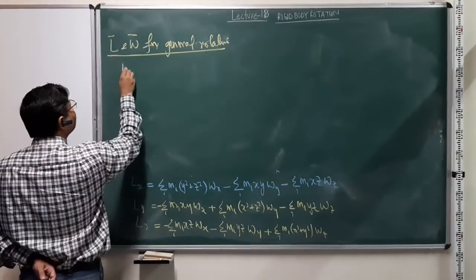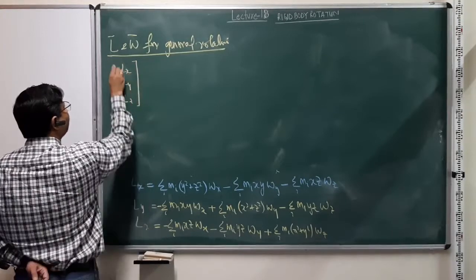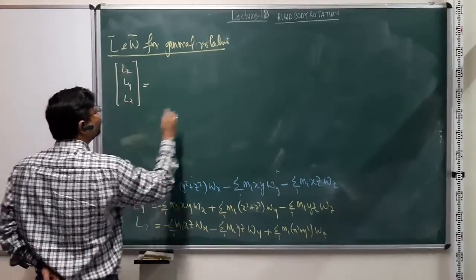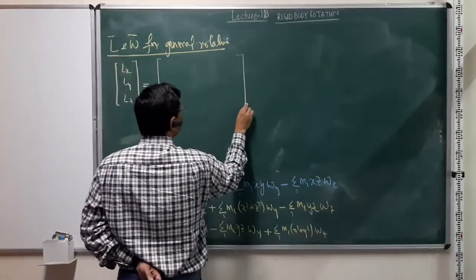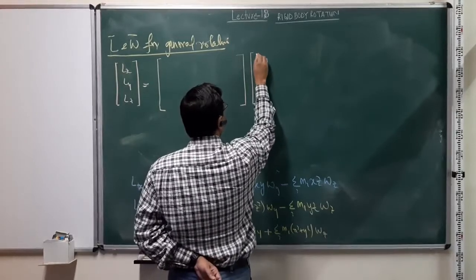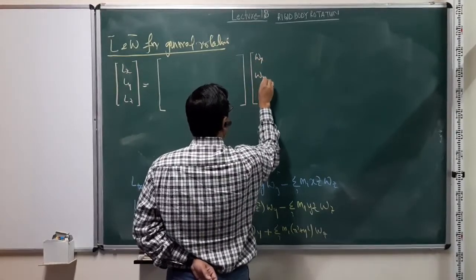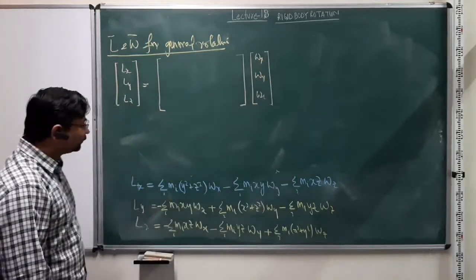And now I can write down L_x, L_y, L_z as a column matrix, and then this becomes my transformation matrix, which is going to establish a relation between omega_x, omega_y, and omega_z, right?